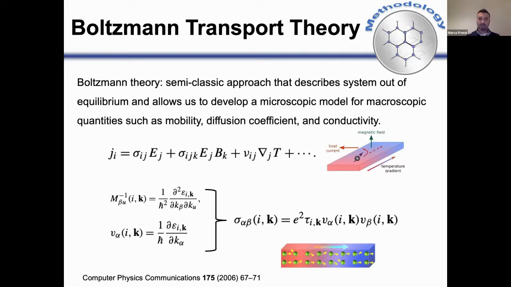Basically, the Boltzmann transport theory describes a current as a sum of each contribution, electrical, magnetic, and thermal, times the relative tensors. From a microscopic point of view, we can calculate those tensors and, within this theory, extract the current that we want and after that all the quantities that we need. In this case, the Seebeck coefficient.